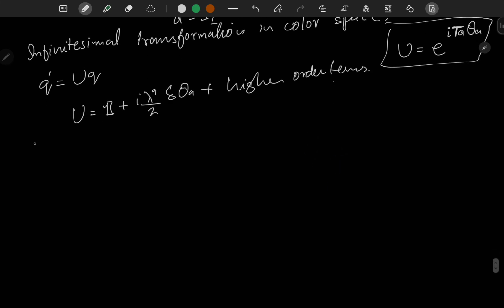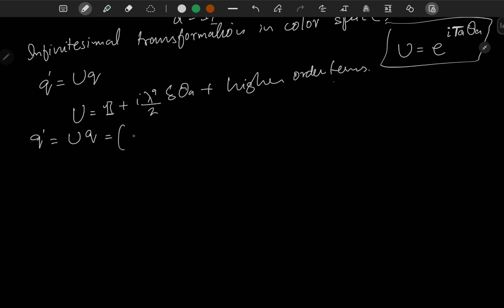Okay, now we are going to apply this transformation, and let's see how things work out.